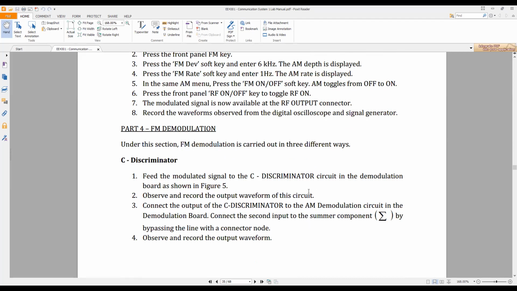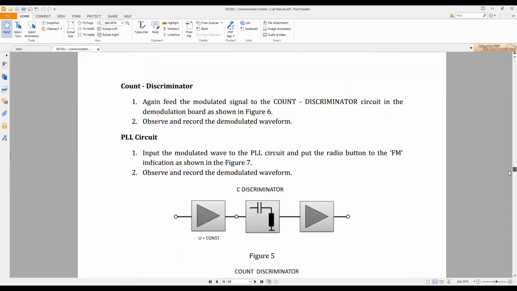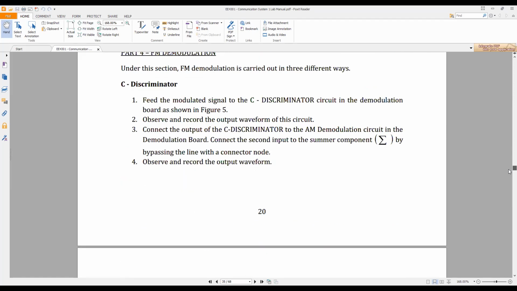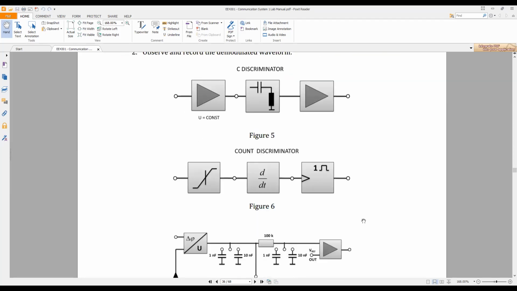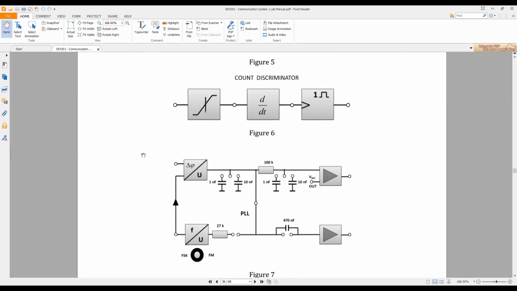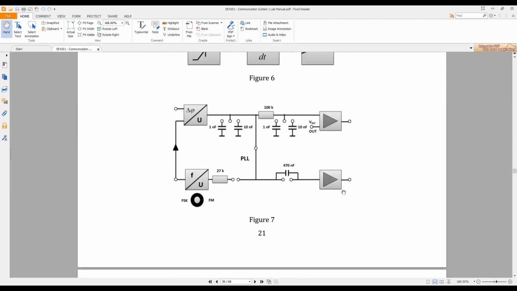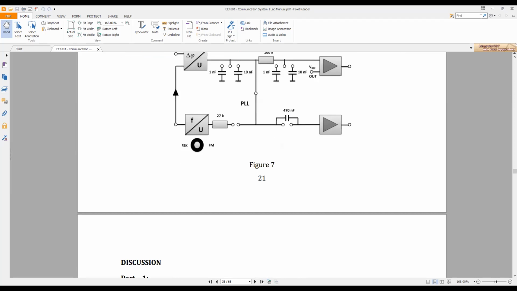So this is the discriminator circuit in our demodulation board. Then you give the modulated input to the count discriminator circuit and see what is the output, and finally you have to give the modulated signal to the PLL circuit, the phase lock loop circuit, and see what is the output. So now let's do the practical.